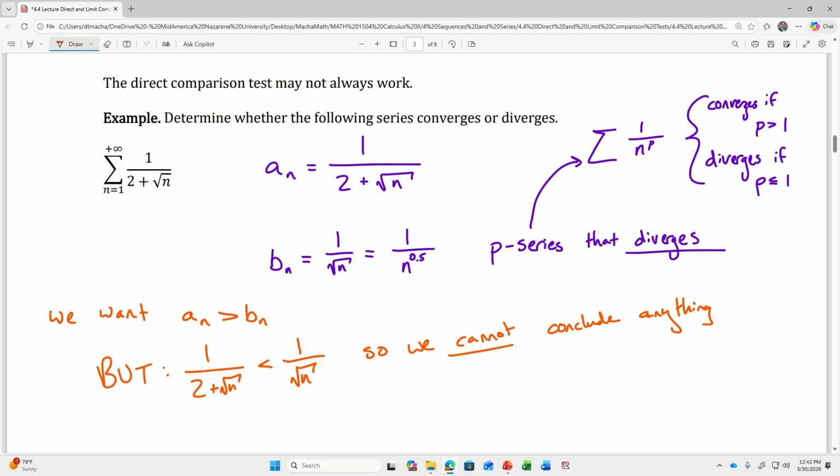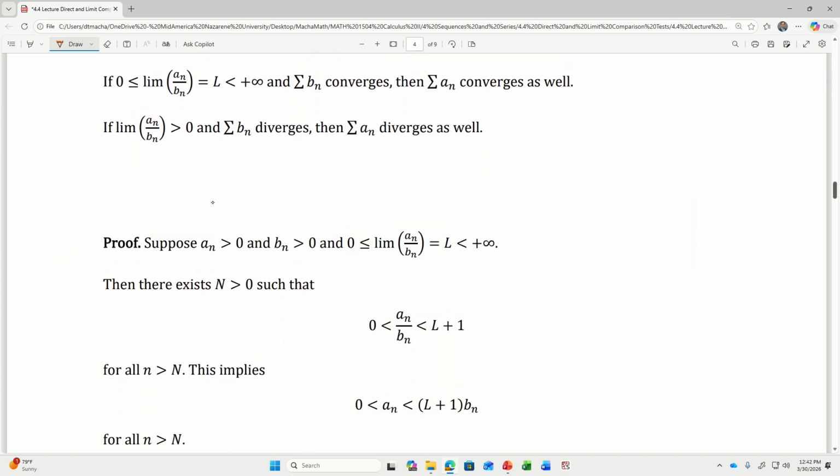I know it diverges because of other methods, which we're about to talk about in a second. But the direct comparison test by itself is not enough. It really does diverge, but we haven't proved it yet. And if you wrote, I think that this series diverges, but I can't prove it, that's not going to be enough on a test to get full credit.